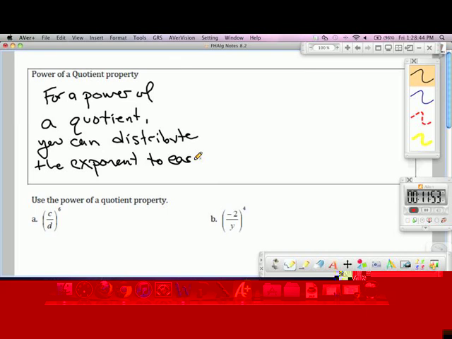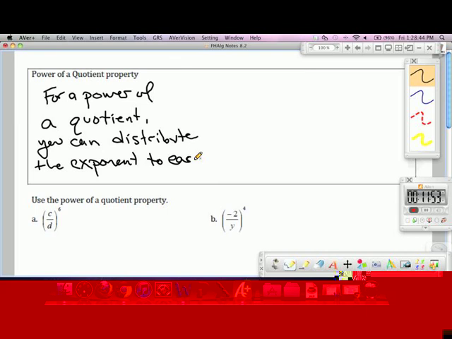Power of a quotient property says that for a power of a quotient, in symbols, it will look like this. If you have two different numbers divided by each other, and I raise that whole thing to a power, the power of something being divided by something else, then I can actually distribute that exponent to each base.